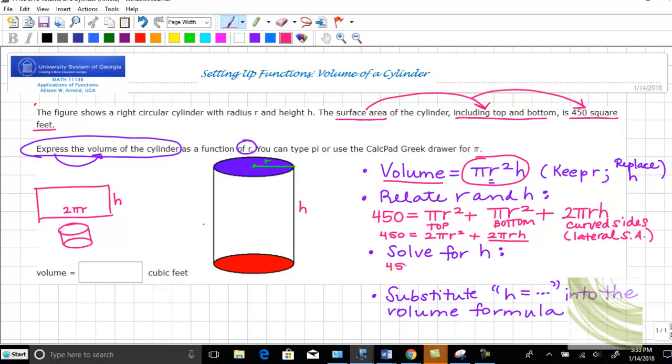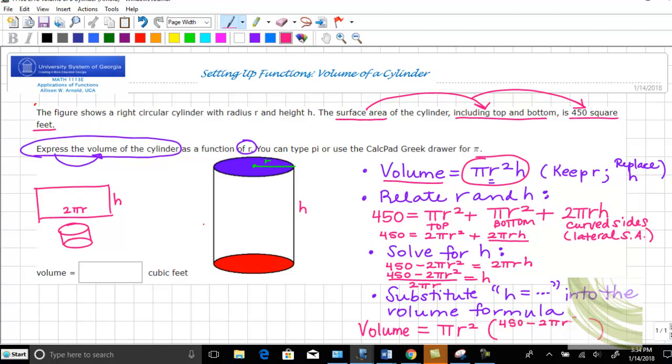So the simplest thing to do would be to move everything that's not an h to one side, and then divide by the coefficient on h, which is essentially 2 pi r, and isolate h. Once you've isolated h, go back to your volume formula, pi r squared h, and substitute h in.